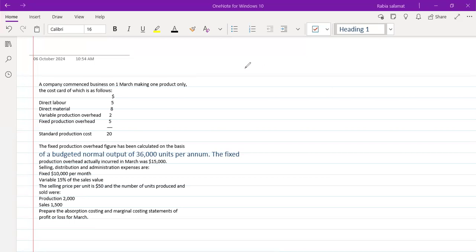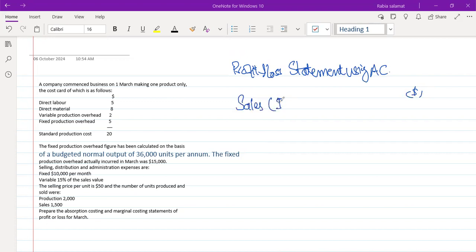Profit and loss statement using absorption costing. First of all, I have sales: 1,500 units into 50 is your selling price.